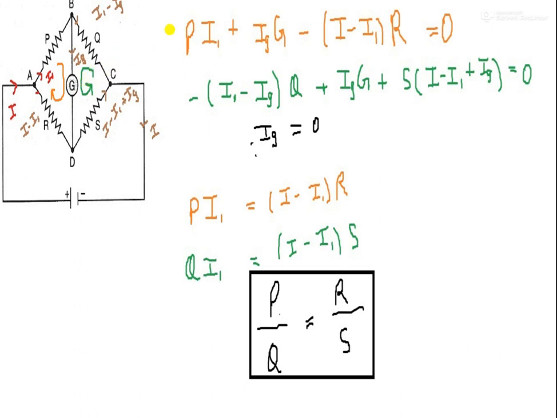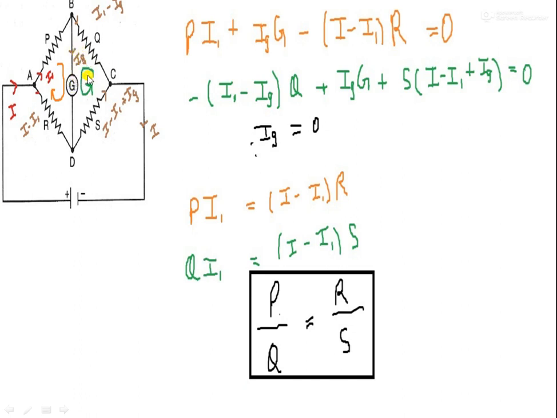I am taking anti-clockwise. So when I am moving anti-clockwise, I find that Q and the current flowing through Q, which is I1 minus Ig, are in opposite directions. I am going like this, current is coming like this. So this would be minus (I1 minus Ig) multiplied by Q. When I am going further, Ig and G are in the same direction.